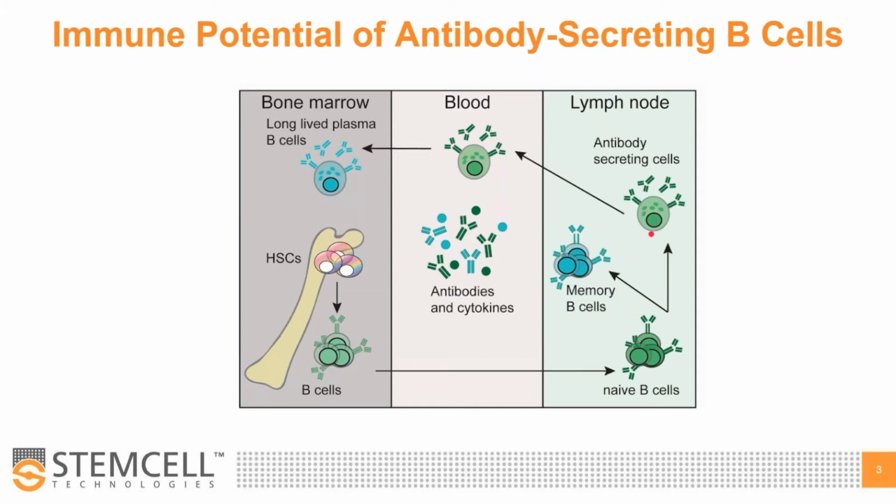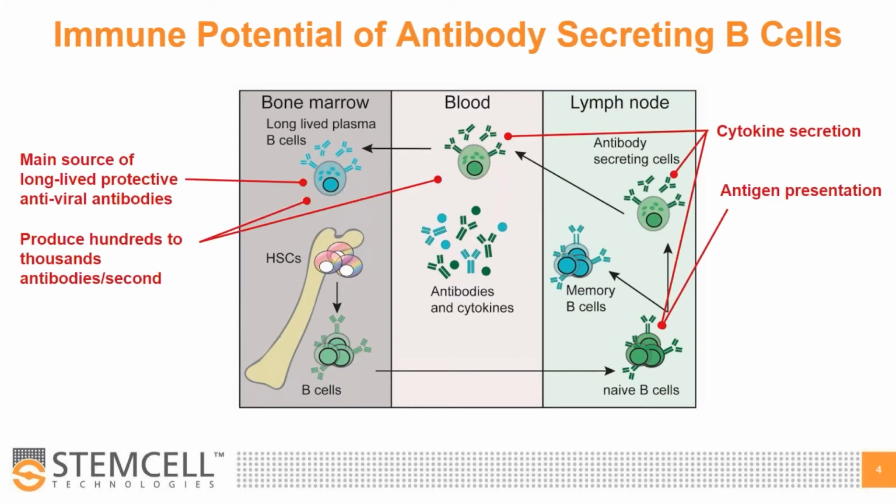Antibody-secreting cells are unique in their ability to produce large amounts of antibody, and they do this in the blood. These cells are fairly short-lived unless they travel into the bone marrow, where they can transition into being long-lived plasma B cells.